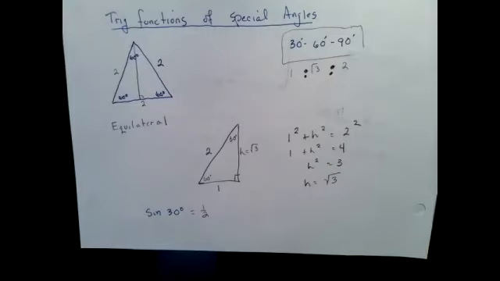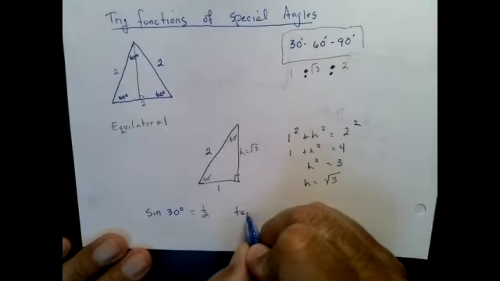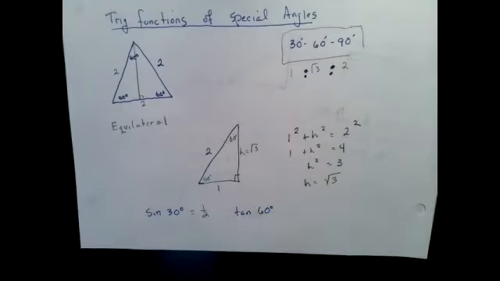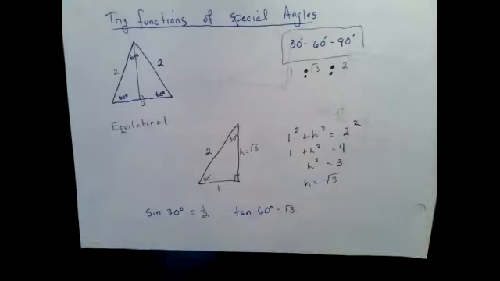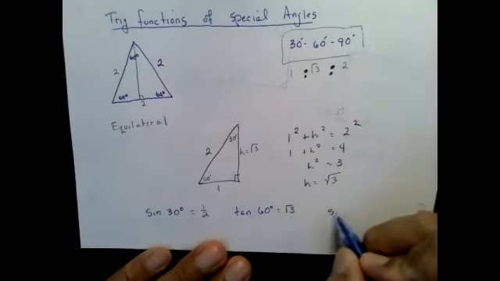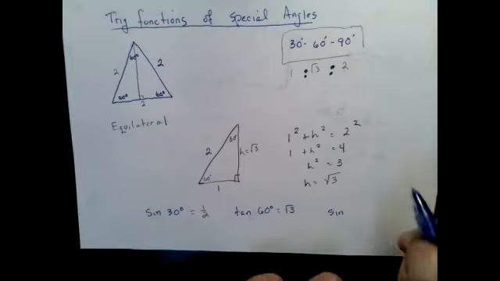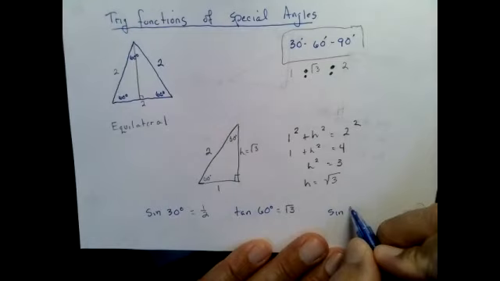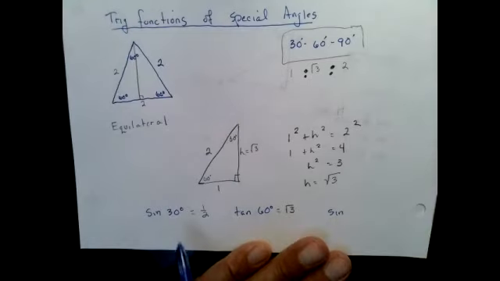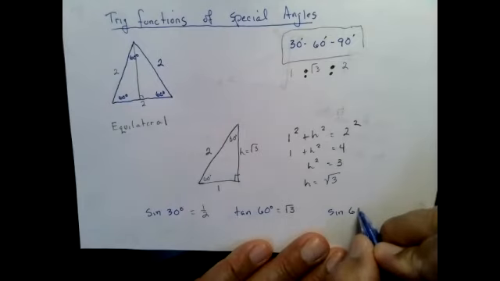I did my SOHCAHTOA. What is the tangent of 60 degrees? Here's 60, TOA. Square root of 3. Very good. What is the sine of 60 degrees?